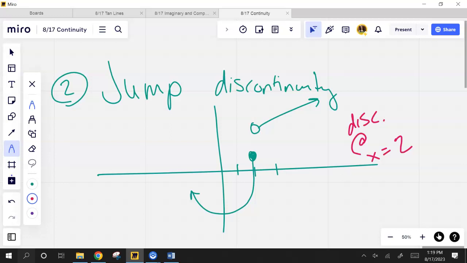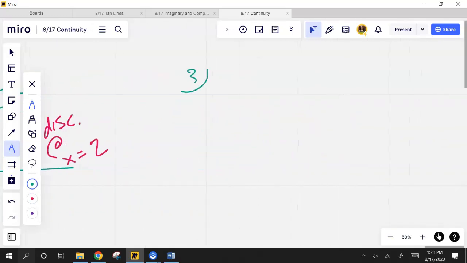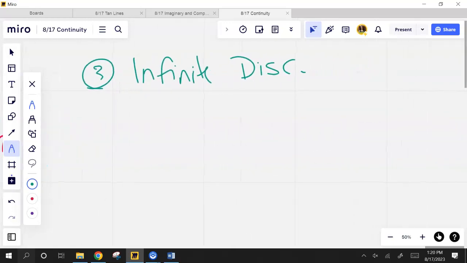And then the last one is the easiest. It's the butterfly discontinuity. No, I'm just kidding. It's the infinite discontinuity. It's an asymptote.